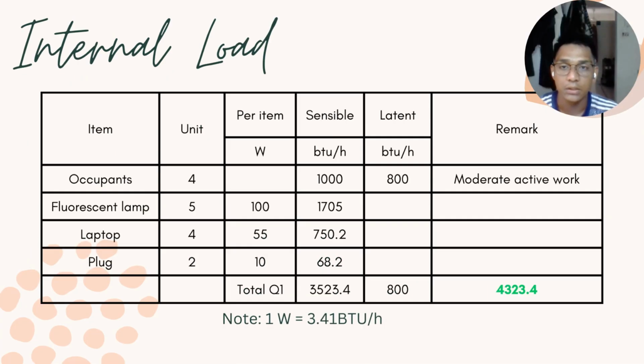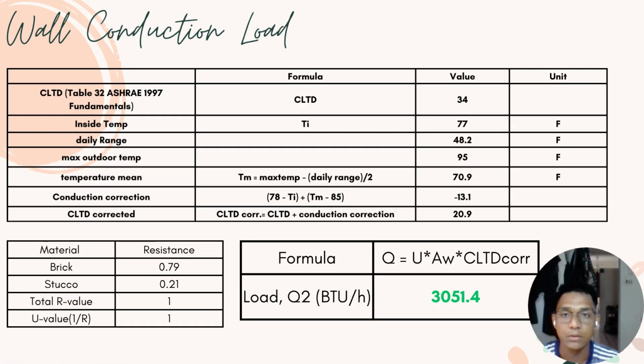So this is the internal load that we use to calculate the load, Q1. The total of Q1, we get 4323.4 BTU per hour. So this is the wall conduction load. The formula is Q equals U times area of wall times the CLTD corrected.